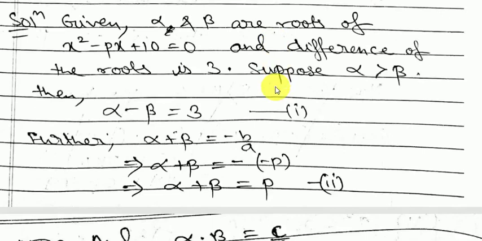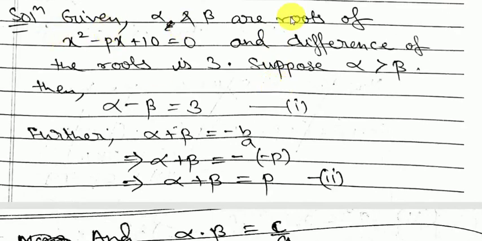So let us see. Given alpha and beta are roots of this equation. Further, they have told us that the difference of the roots is 3. So here I suppose that alpha is numerically greater than beta. If I assume that, then alpha minus beta is equal to 3.